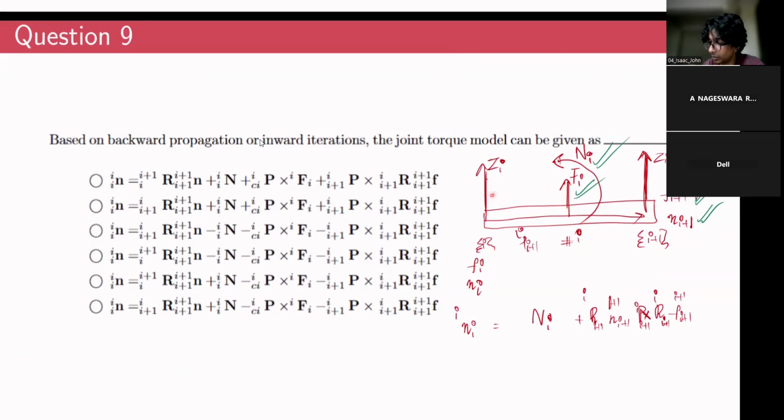So this distance, the distance between I and the center of mass, I label as the position vector of Ci with respect to I. So the moment contributed by Fi would be Pci cross Fi. Right? So now how many terms do we have? We have Ni, we have this term over here, we have this term over here, we have this term. So we have 4 terms contributing to the moment at the ith joint.